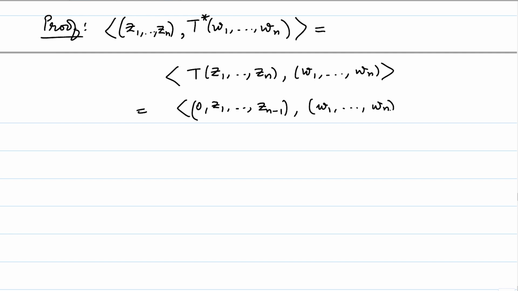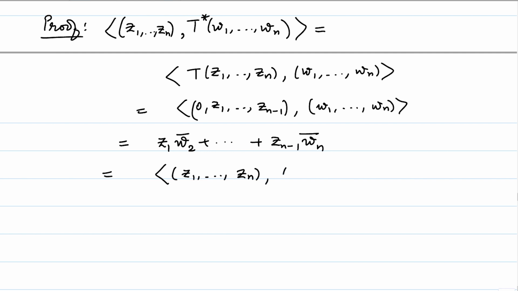And we know the standard inner product in Cn. This is just Z1 times W2 bar plus up to Zn minus 1 times Wn bar. The 0 times W1 bar is 0, so I didn't write it.